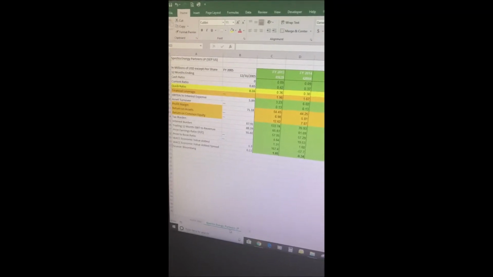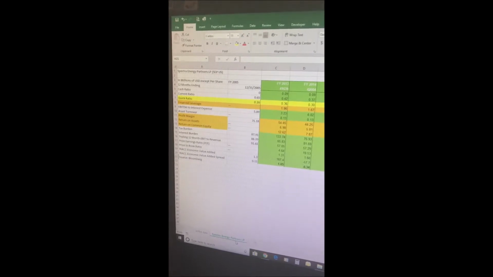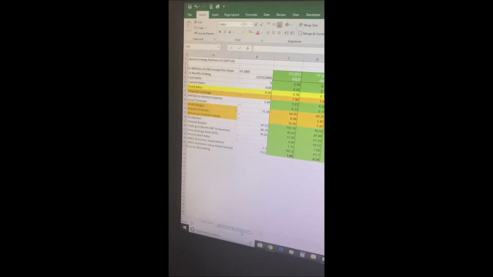Of these three, I chose the quick ratio. The reason why I chose the quick ratio to depict this is that the quick ratio does not include a company's inventory. Inventory can be seen as a non-liquid current asset. So this is the best way to depict if a company can meet its current obligations within a year.